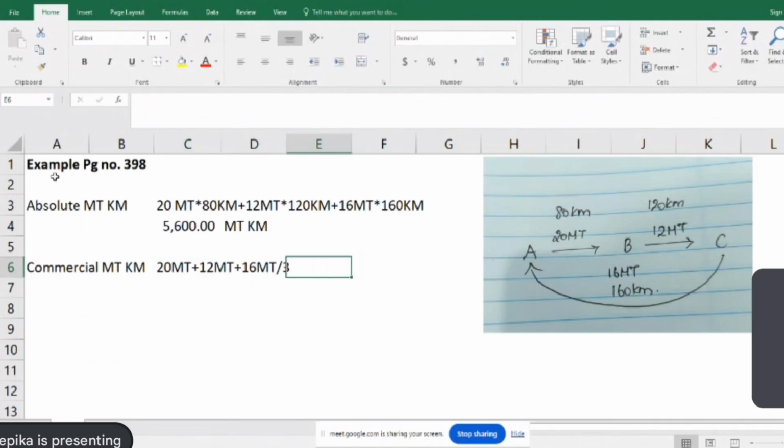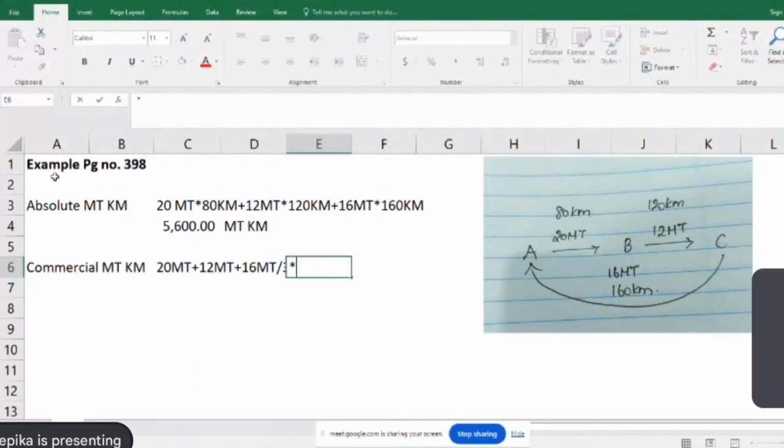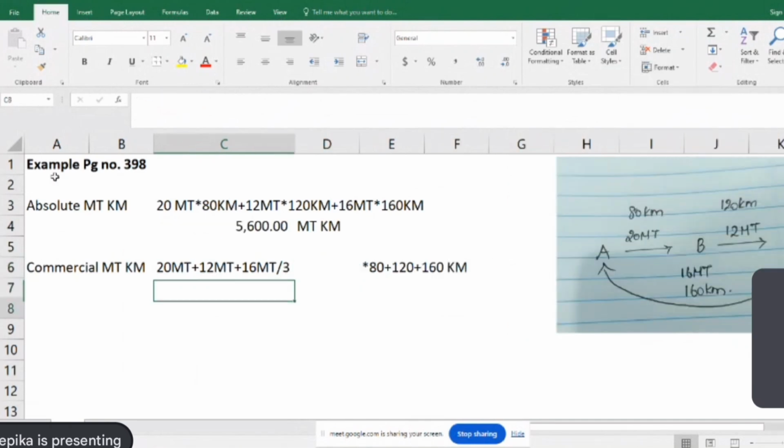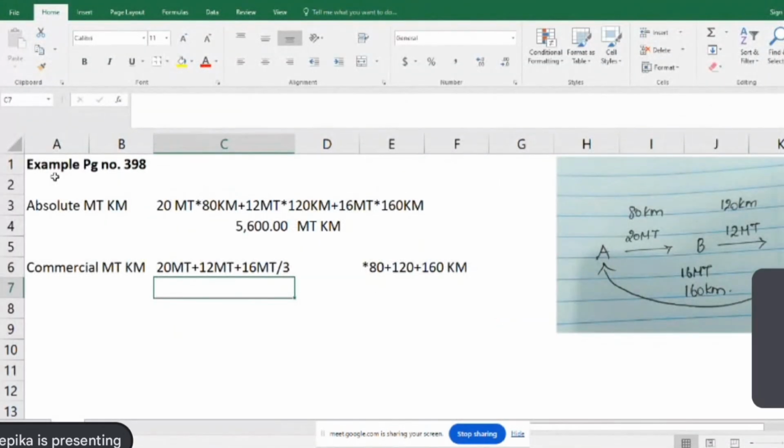Then you will be multiplying it with 80 plus 120 plus 160 kilometers. When you simplify this, you will be getting, just a minute, I will take my calculator.